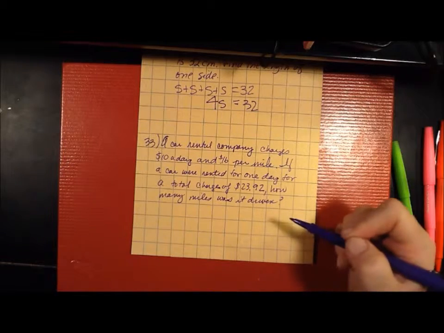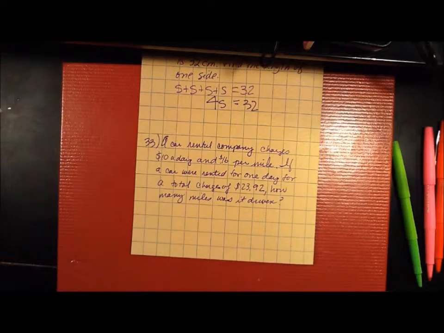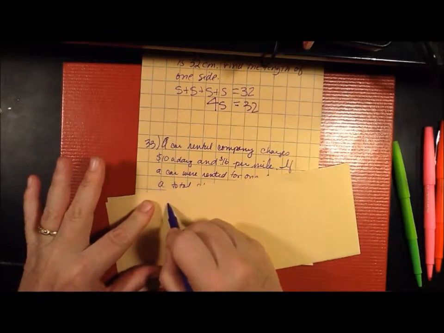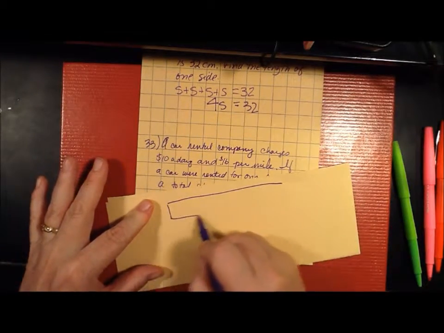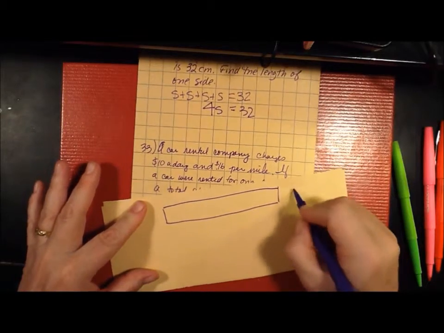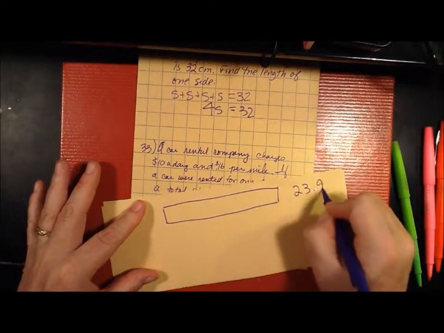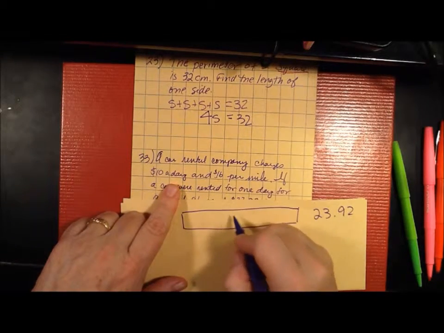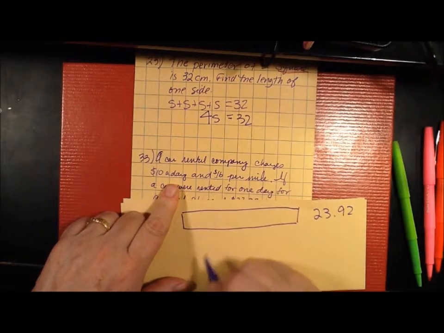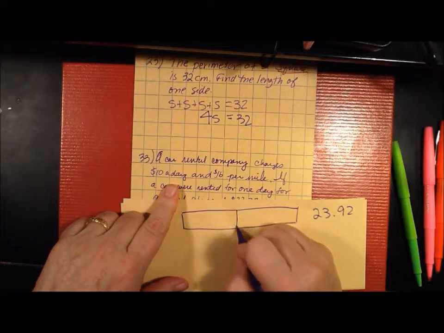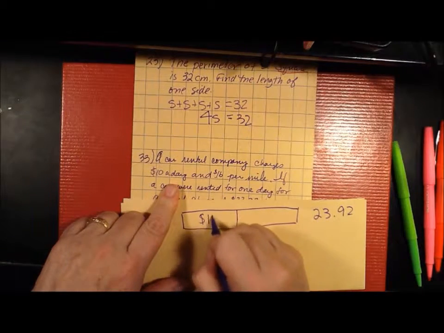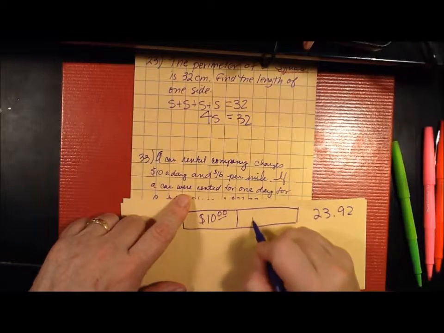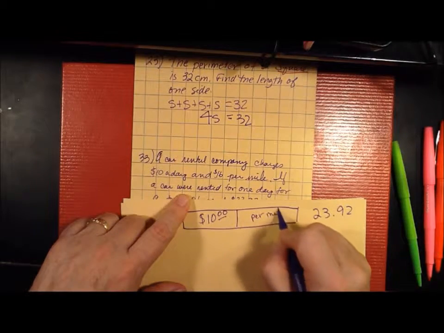So you can do a chart, you can do a lot of things with this, but sometimes it helps to think about things this way as a total. So here is the total charge for the day, which is $23.92. And we know that it charges automatically $10 a day, which is about half of that. So that's $10 for the fee charge, and then the rest of it is per mile, right?